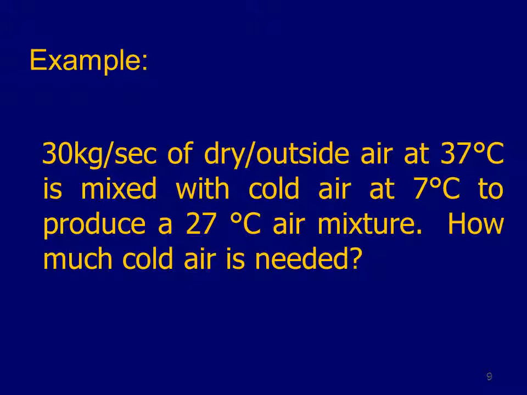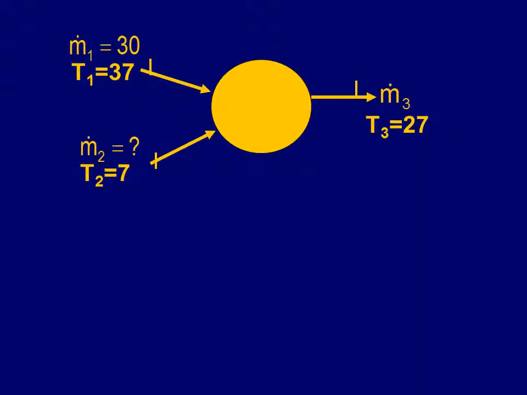So you can imagine that if we add some cold air at 7 degrees C, we won't need as much because it's colder than the final product to produce the final air at 27 degrees C. Here's our diagram of our system. Mass 1 is equal to 30, T1 is 37, mass 2 is unknown, T2 is 7, and again mass 3 is the sum of the mass 1 plus mass 2, and T3 is 27.